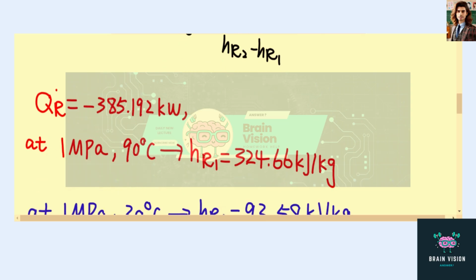For the initial enthalpy of the refrigerant, we need to use the superheated refrigerant 134A table, which is Table A13.